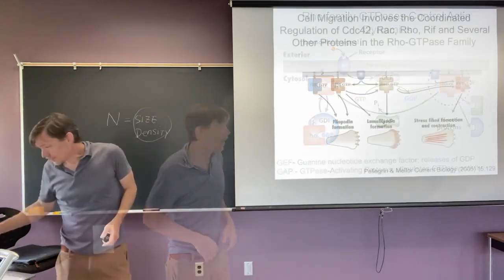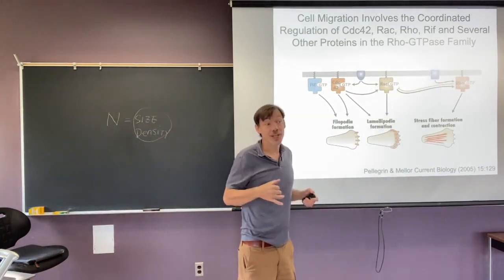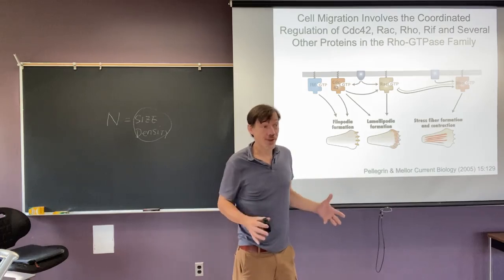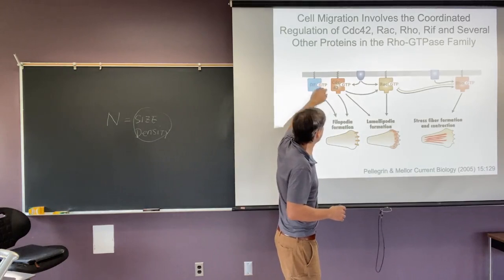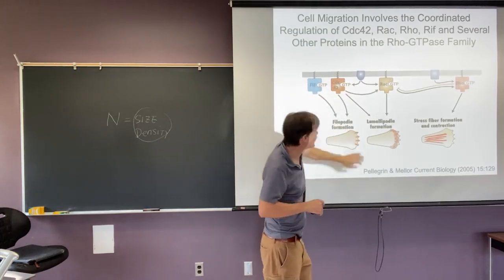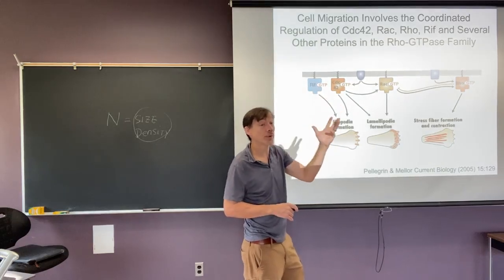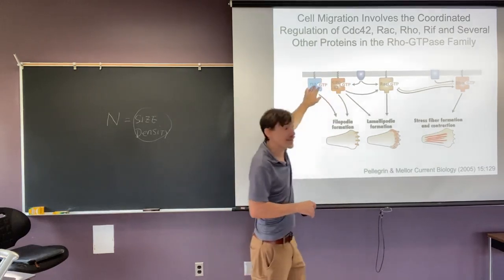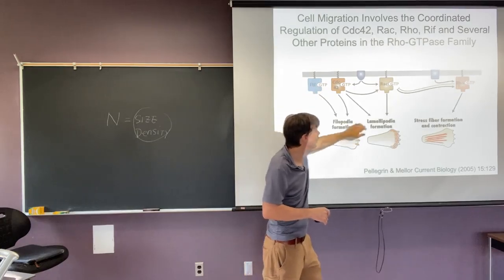And it turns out that different Rho family GTPases lead to different actin structures in cells. So for example, RIF and CDC42 in particular are associated with filopodia, those finger-like extensions. So they have a really unique structure, and it turns out there's a unique set of Rho family GTPases that create them.